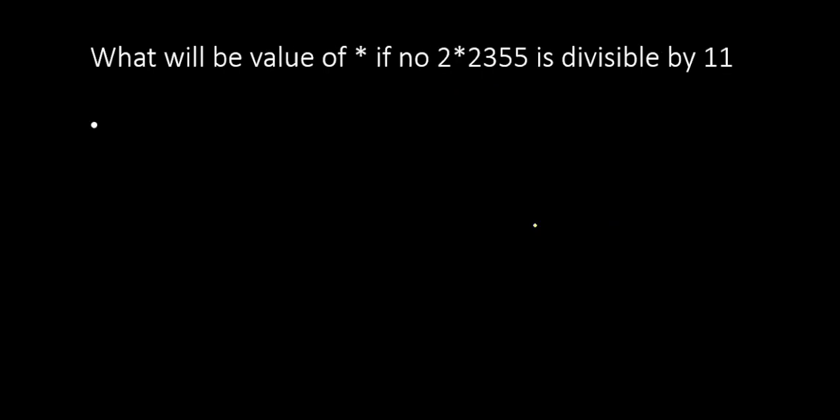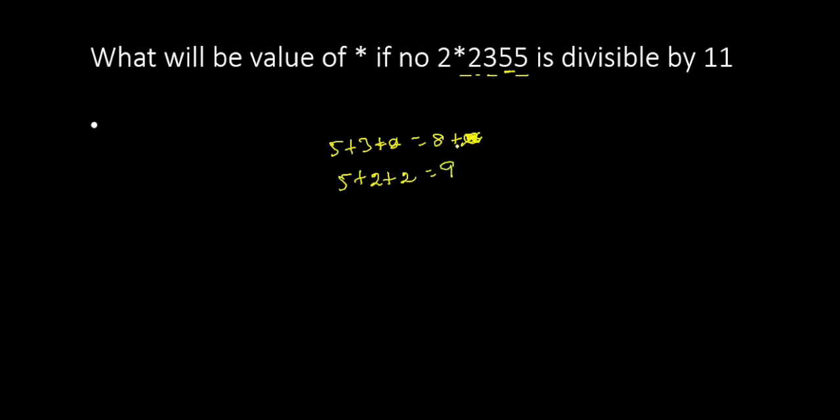What will be the value of star if 2 star 2, 3, 5, 5, 5 is divisible by 11? You take only the odd digits now, 5, 3, star. So 5 plus 3 plus star is equal to 8 plus star. Now the even digits are 5 plus 2 plus 2, which is equal to 9.